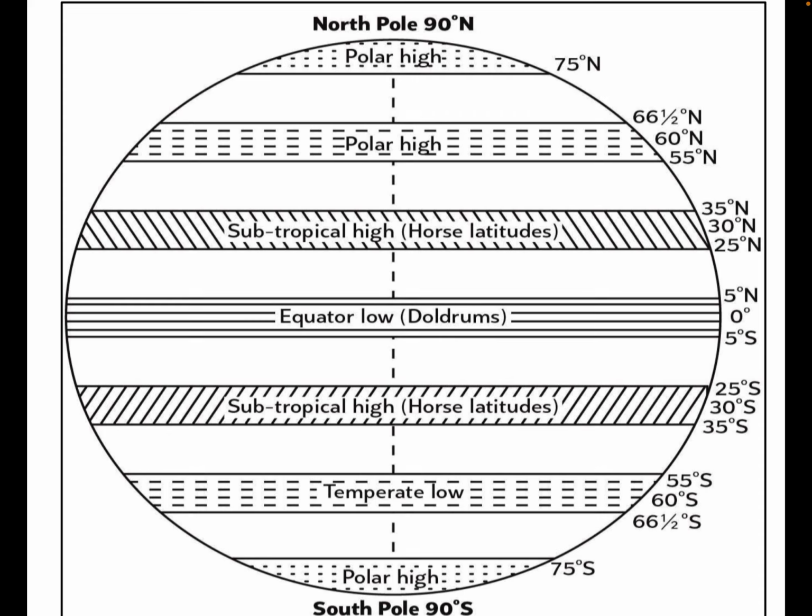What will be the effect of that ITCZ zone? It will cause heavy rainfall also, and the ITCZ can shift north or south according to the situation and the position of the sun.